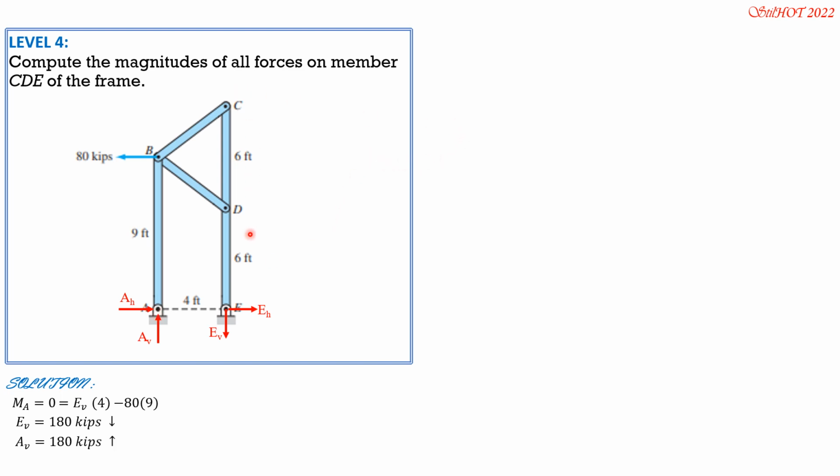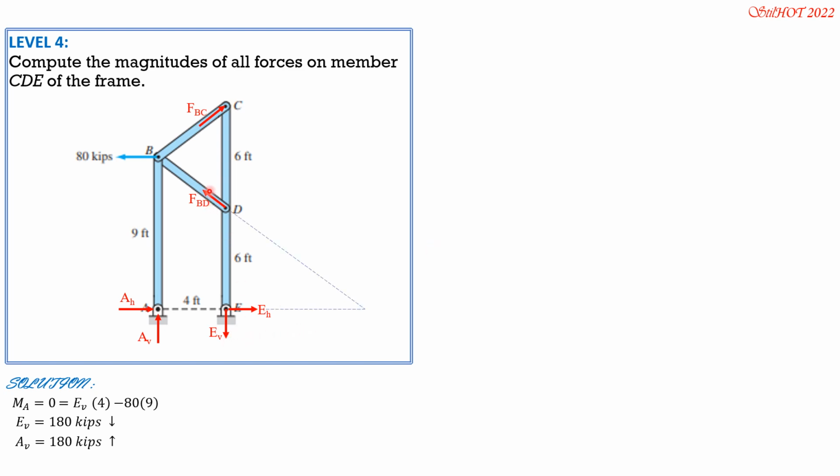Next, let's consider CDE and apply the forces in the two force bodies BC and BD as shown. So assuming these are the directions, if we made the mistake, then they will just be negative. Take note that we have found E sub V.